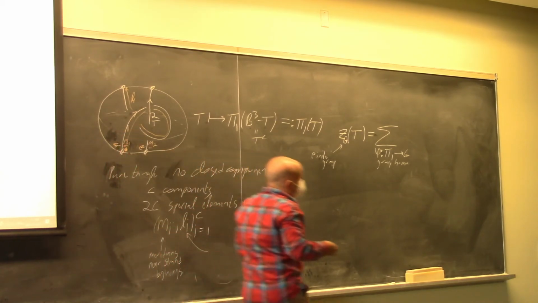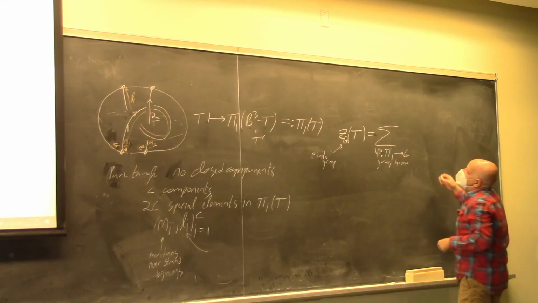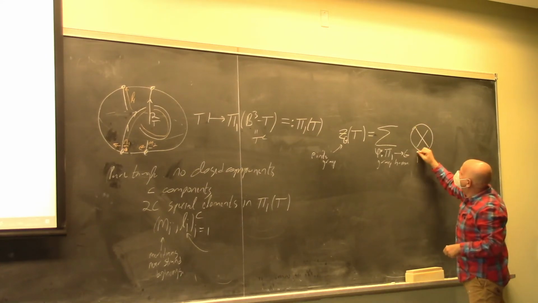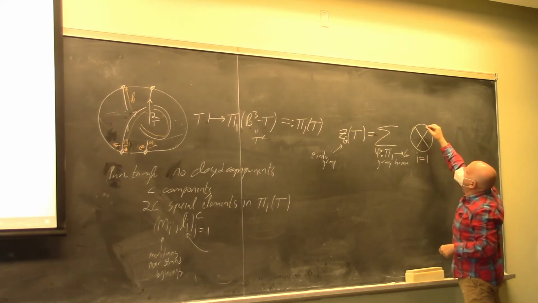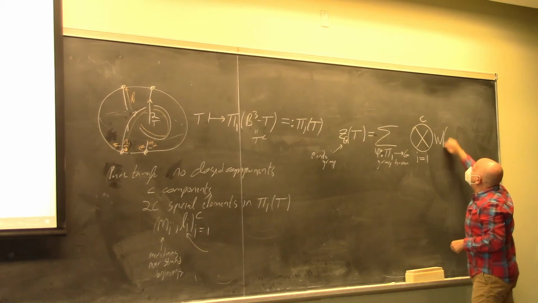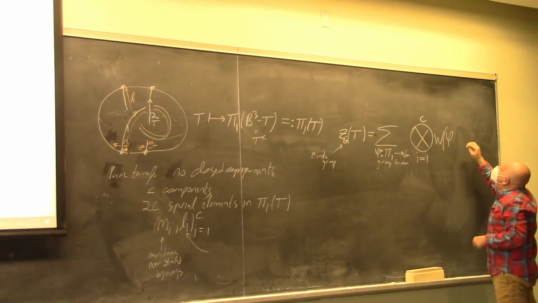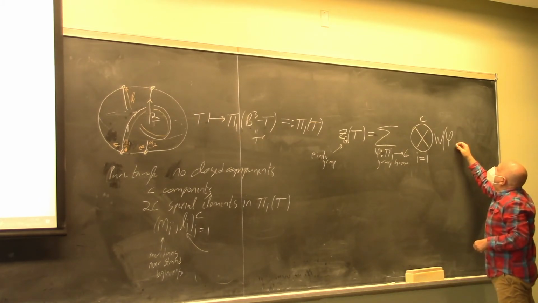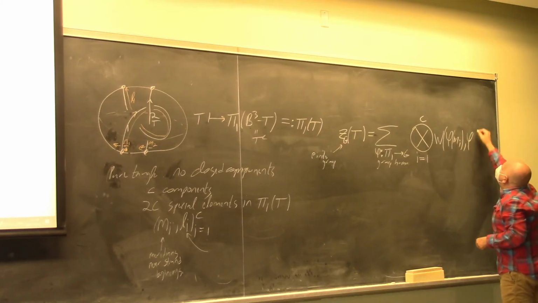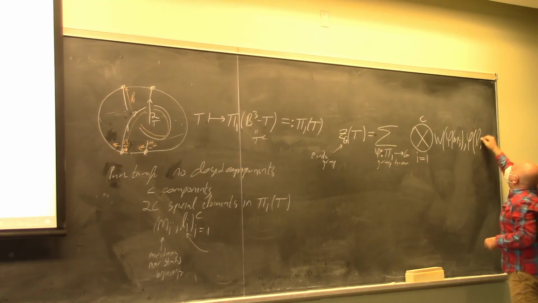Okay? So I'll take the tensor product as i goes from 1 to c of W of phi of MI and phi of Li.